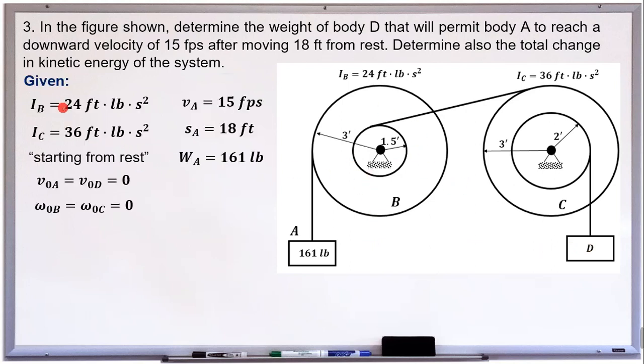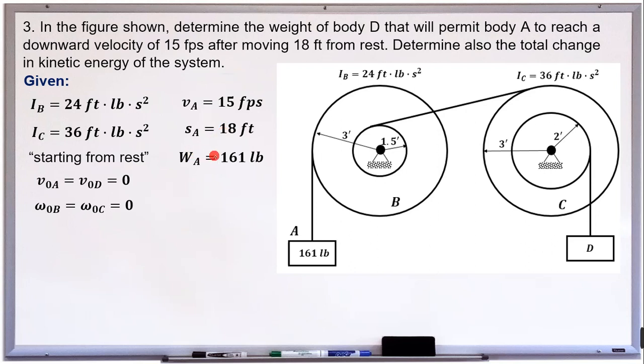Now the given parameters are, we have the mass moment of inertia of our cylinder B, that's 24 foot-pound second squared. Then for our C, that's 36. It is also stated in the problem that the final velocity of our block A is 15 feet per second, and it covers a displacement of 18 feet.